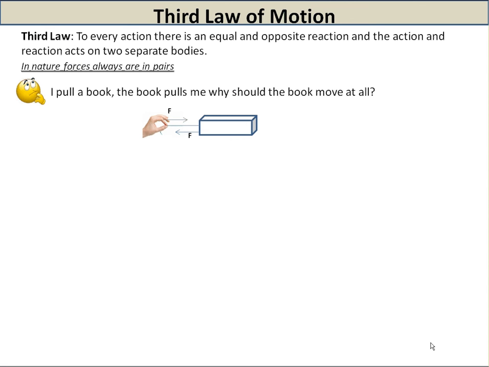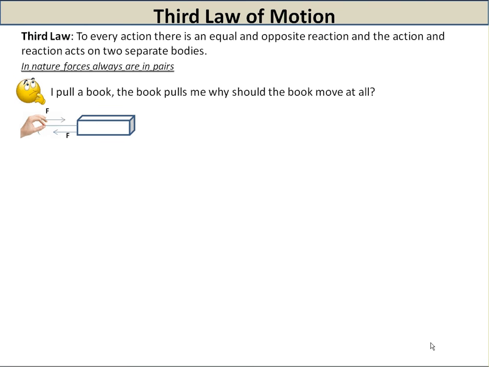Now since by Newton's third law the book will pull the hand back, there will be another force F acting on the hand. If you look at the forces acting on the book, there is only the force F on the left-hand side. Due to this force the book moves towards the left, and you feel the pull because there is another force F which acts on the right-hand side, on your hand.